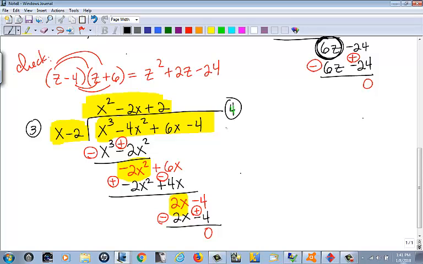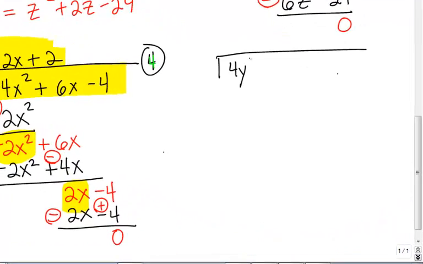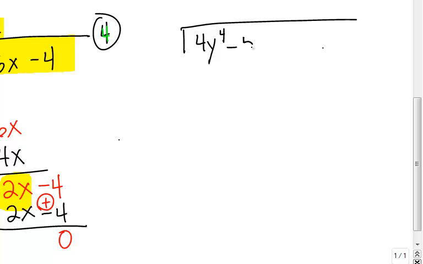Okay, on number 4, we're going to take 4y to the 4th minus 5y squared plus 2y plus 4. Okay, and this time we're going to divide by 2y minus 1. When you do long division, you look just at the first term.